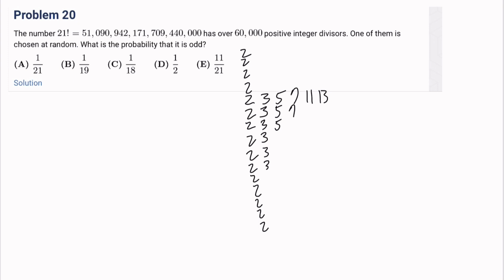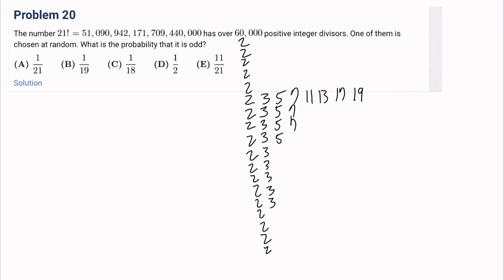So 17, that's prime, 18, that's 2 times 3 times 3, and 19, that's prime, 20, that's 2 times 2 times 5, and 21, that's 3 times 7.